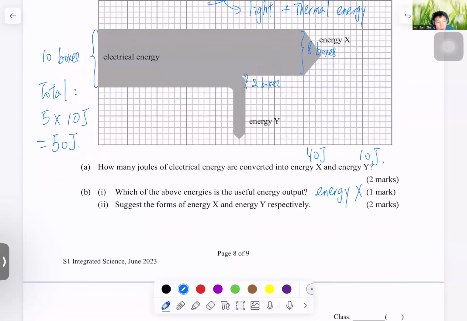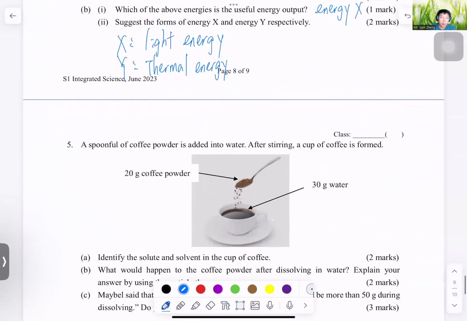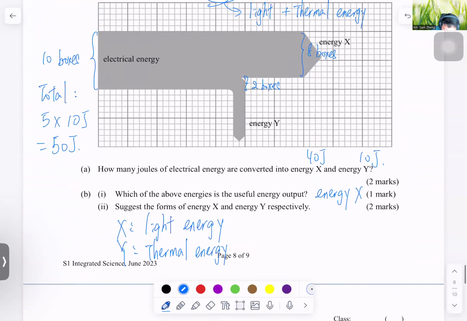Next, suggest the forms of energy X and Y respectively. In this case, X would be light energy because it is the thing that we would like to have for the lamp, right? Next, Y would be the thermal energy, because we noticed that the thermal energy would be the energy loss or the waste.